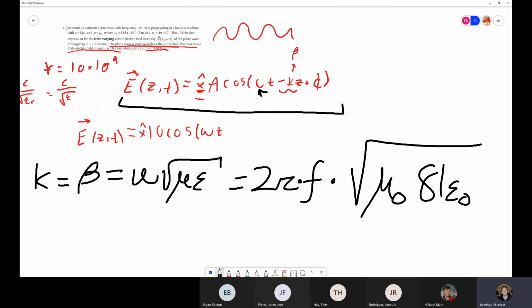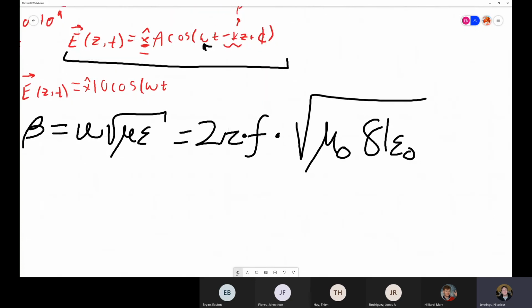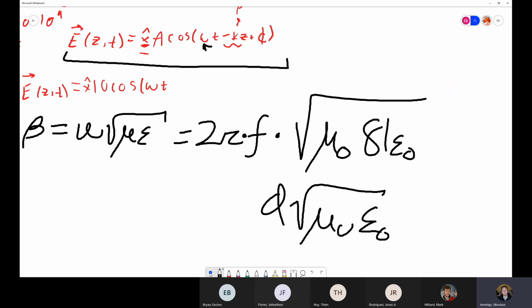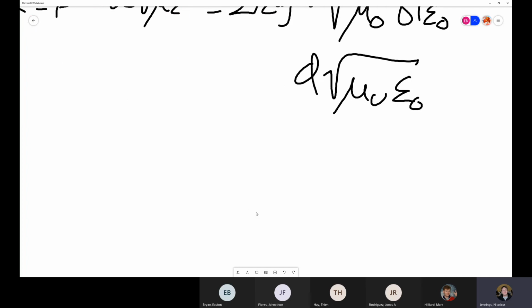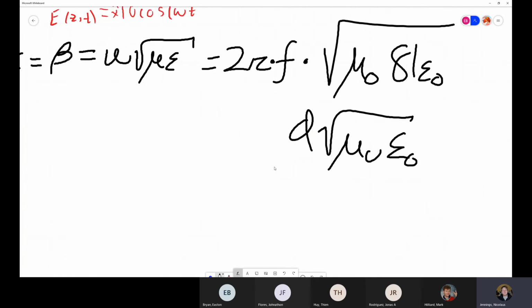Luckily we're given what epsilon is. Then we can take some of these terms out. The square root of 81 is 9, so we can take out a 9. Then we have the square root of mu naught epsilon naught, which is just 1 over c, just the value.